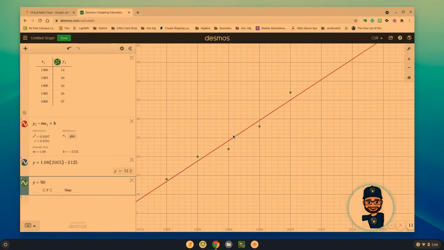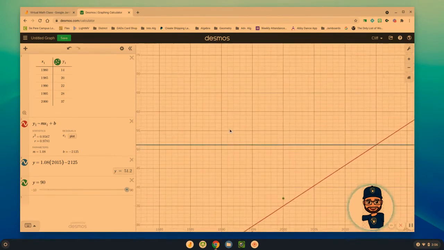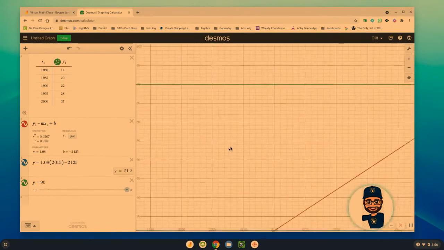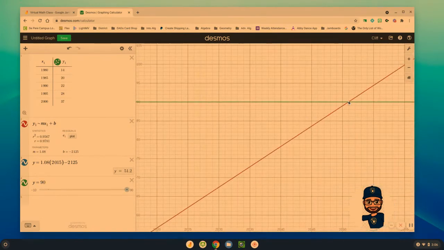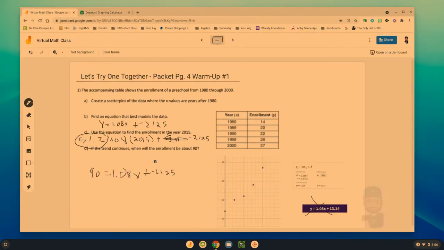I could scroll way up here on the graph and find where that y value is 90. Where's y 90? Way, way over here at about year 2050, 2051. Okay. And again, you can use your algebra skills backwards to solve that.